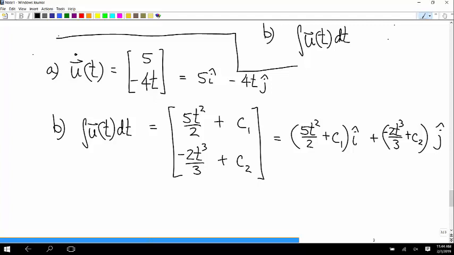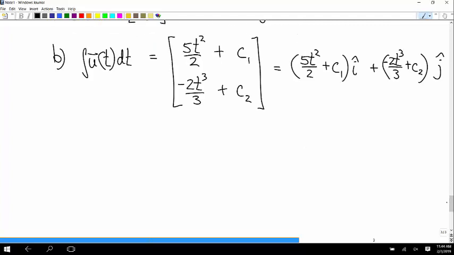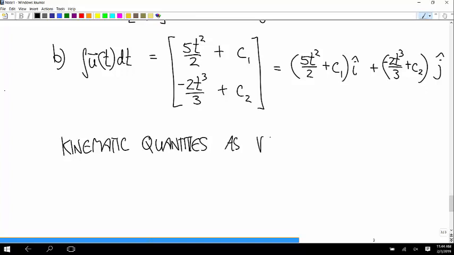So now we're going to represent kinematic quantities as vectors, the same way we represented them as numbers, kinematics along a line. So now we're going on to kinematic quantities as vectors.